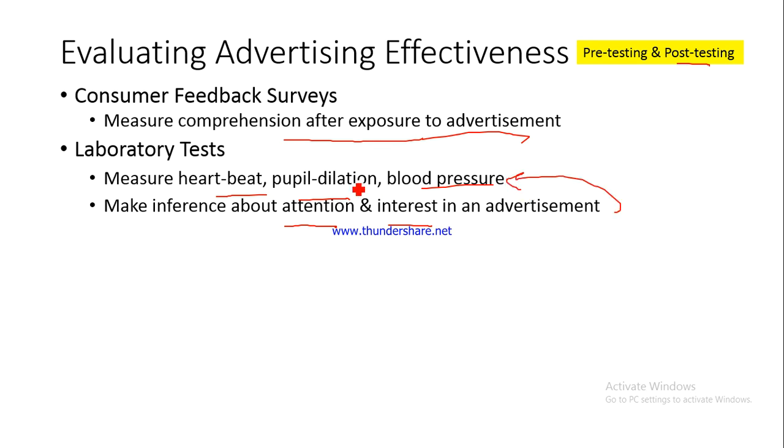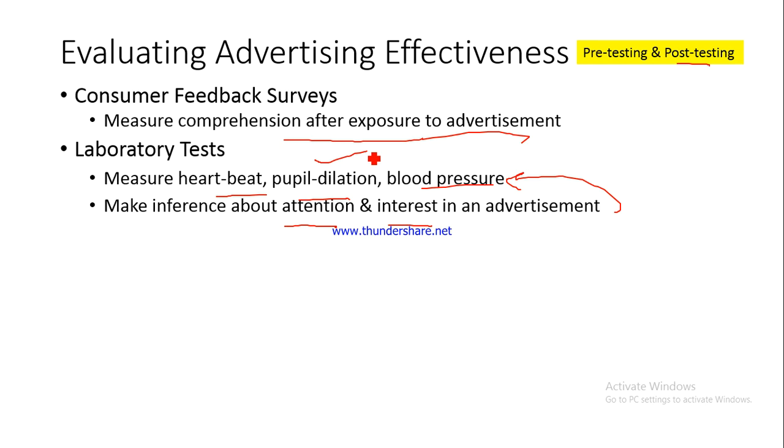I'll give you an example of pupil dilation. I hope you remember from our discussion in research methodology that when somebody comes across something which he really likes or is interested in, there's a dilation of the pupil. The pupil is a part of your eye. It dilates; the area increases when you are exposed to somebody whom you like, right?